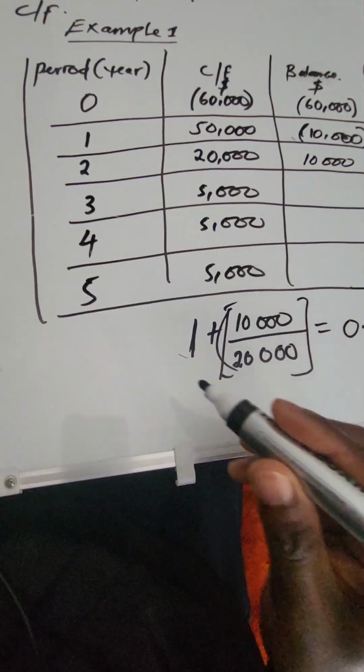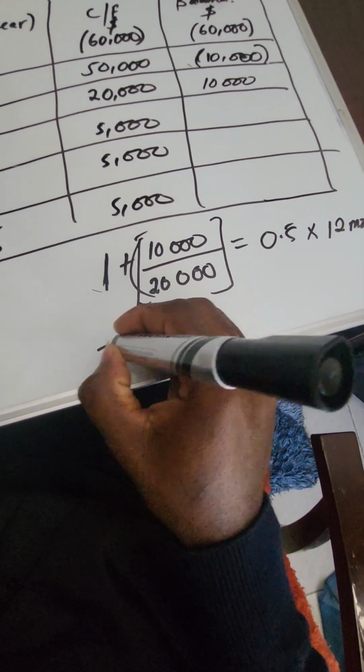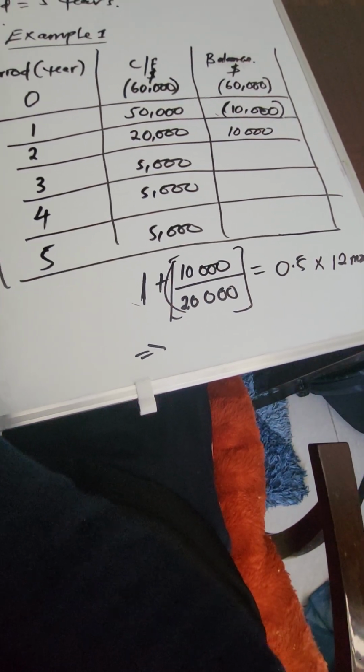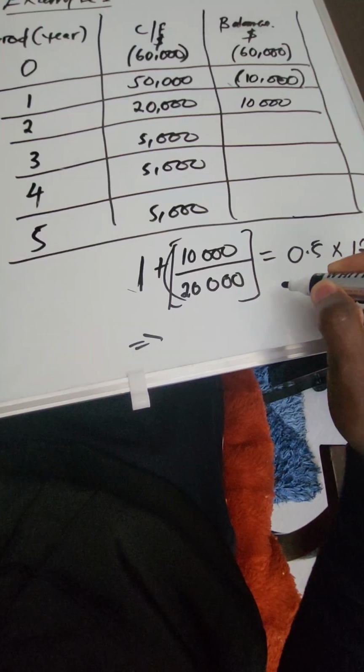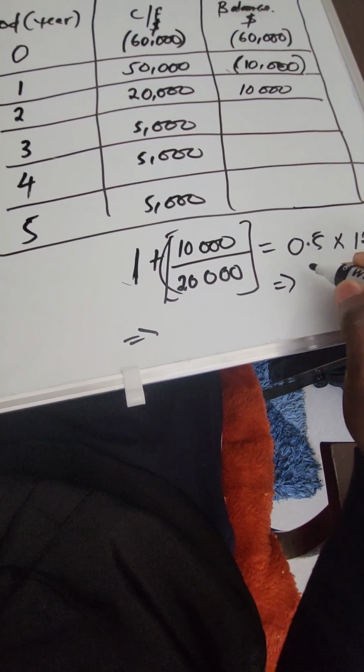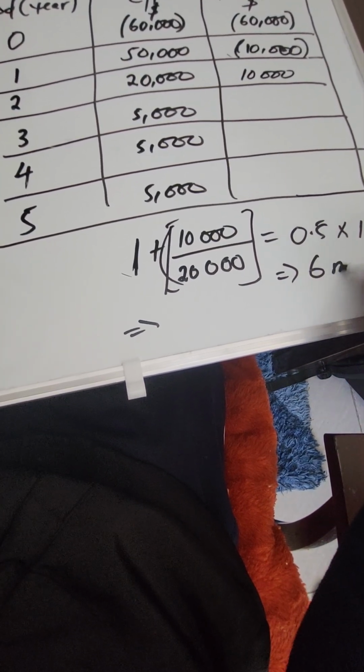All right, so 0.5 times 12 months is simply half of that, so this is 6 months.